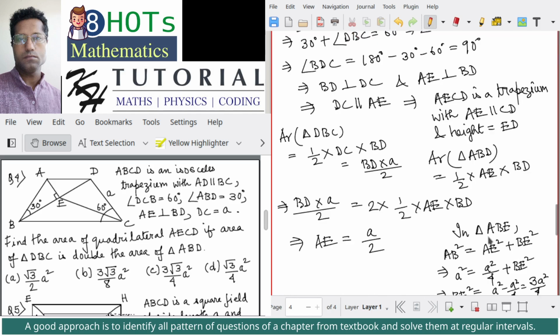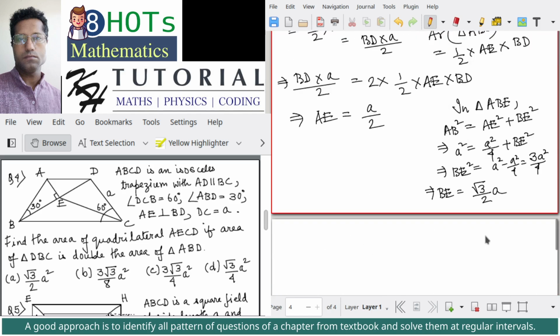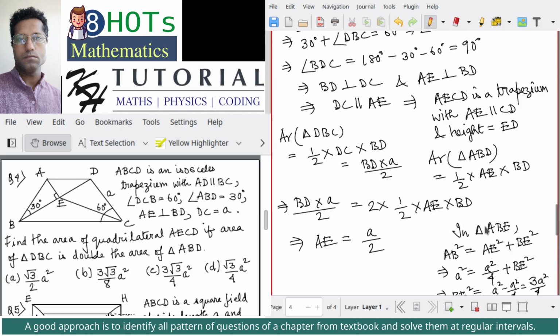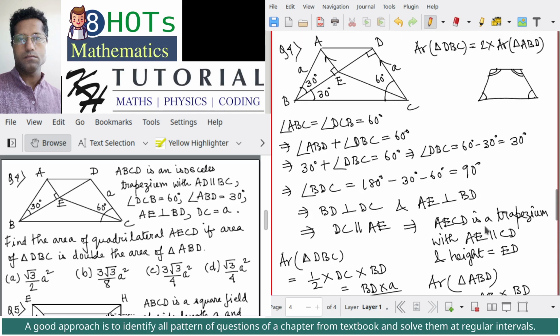We have already found BE. Find the area of quadrilateral AECD. How can we find BD?